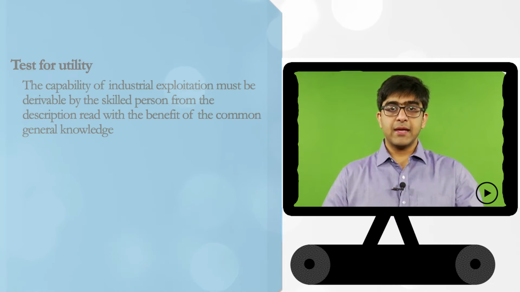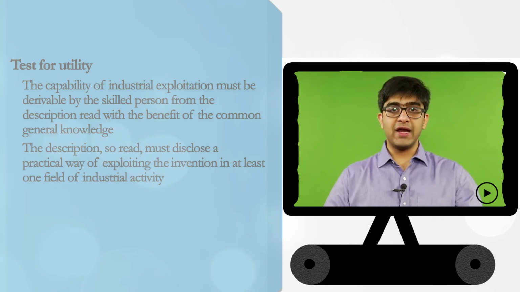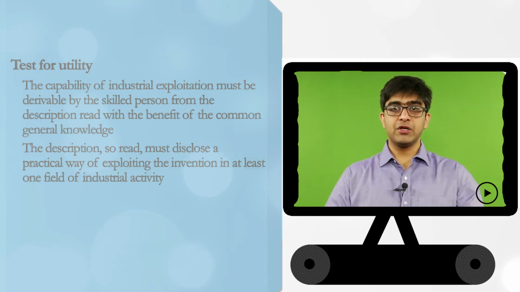Thirdly, the capability of industrial exploitation must be derivable by the person skilled in the art from the description read with the benefit of the common general knowledge. Fifthly, the description so read must disclose a practical way of exploiting the invention in at least one field of activity.